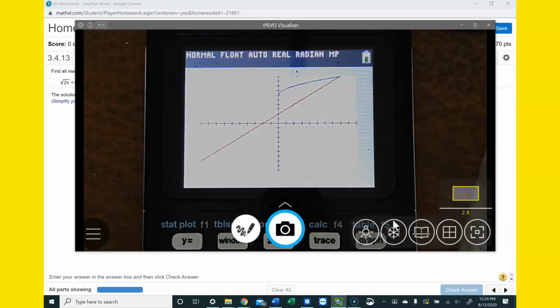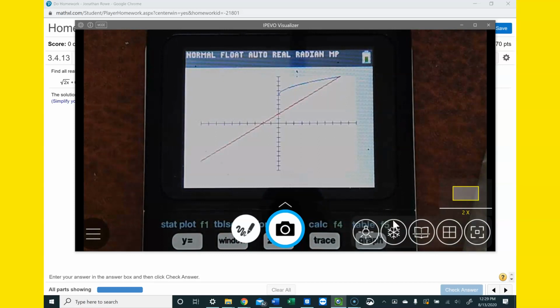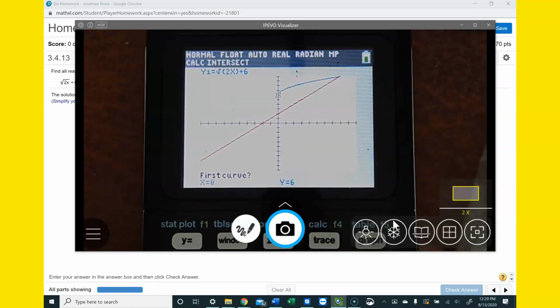And we can kind of see up here where it crosses, right here. So we can hit second calc. Option 5 is intersect. Then it says first curve. The calculator's thinking to itself, there might be a lot of things graphed here, and I want the person to tell me which curves you want me to find the intersection of.